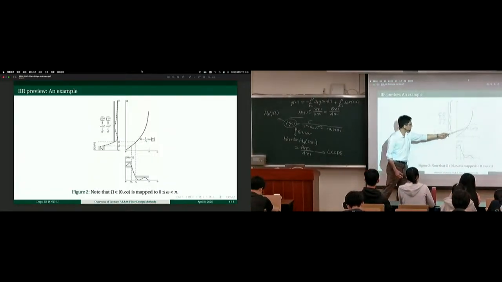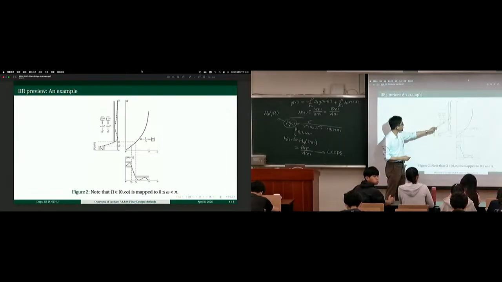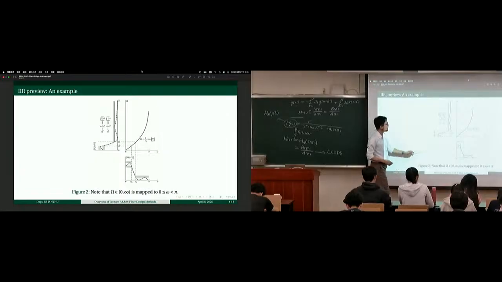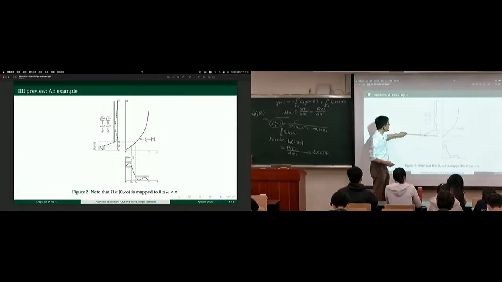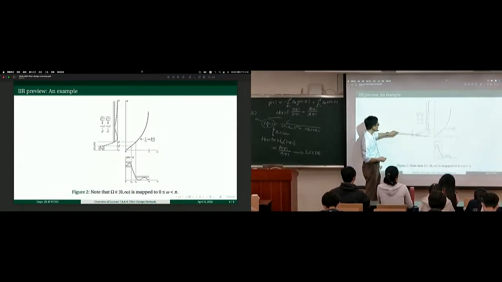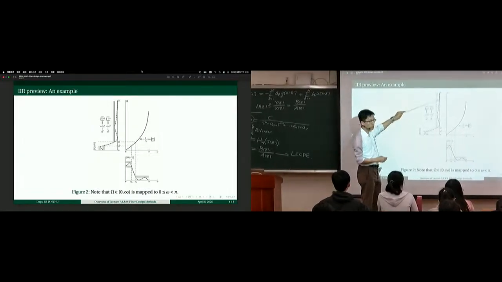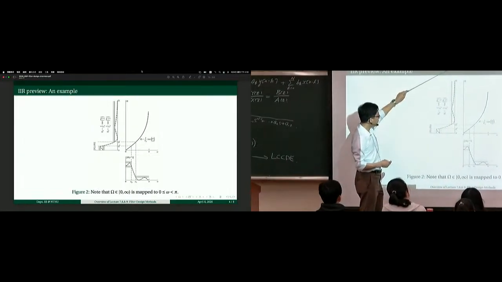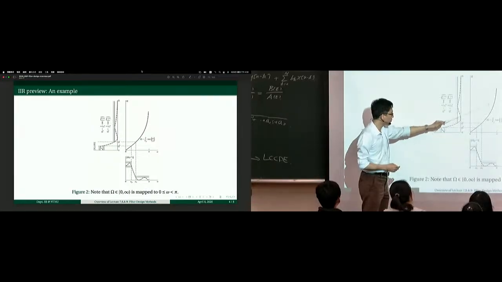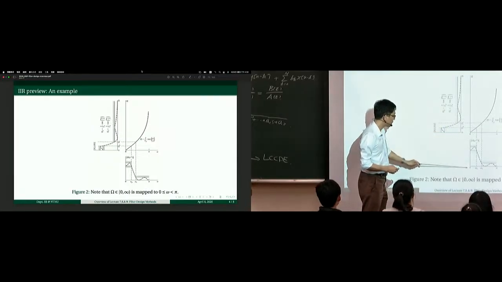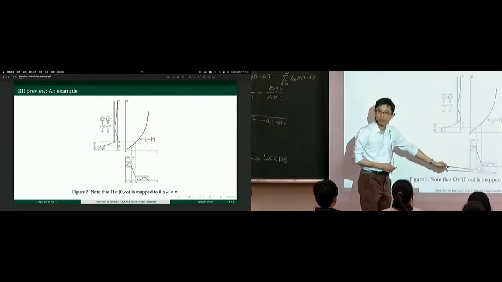Actually, there is an exact expression here. I'm not sure if you can see it from the back of the classroom. There is a relation between big omega and small omega. We are compressing the entire infinite interval from 0 to infinity, because analog frequency can go from DC to infinity. So the entire frequency range, we use the tangent function to compress everything to within the interval 0 to pi, pi being the Nyquist rate.